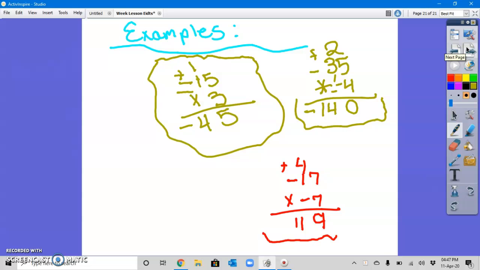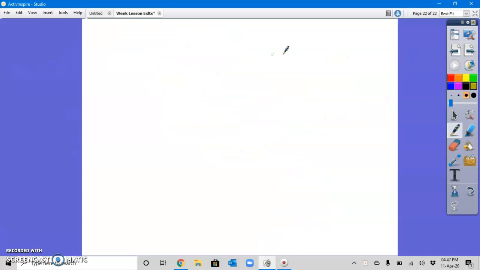Now we will begin with 2-digit. It's going to be negative 13 times 14. It doesn't matter how big the number is. If it's multiplying positive times a negative, the answer will still be negative, or negative times a negative will also equal positive.